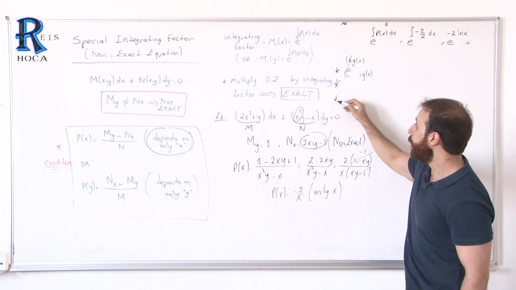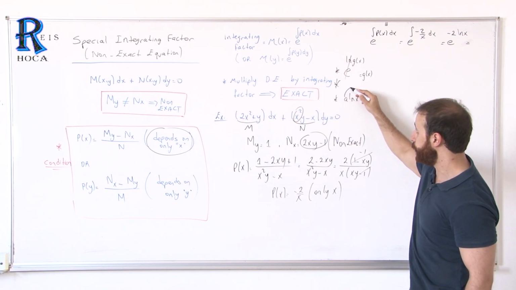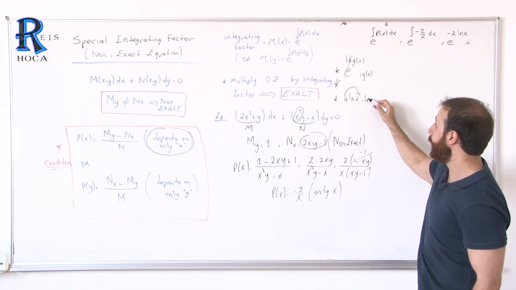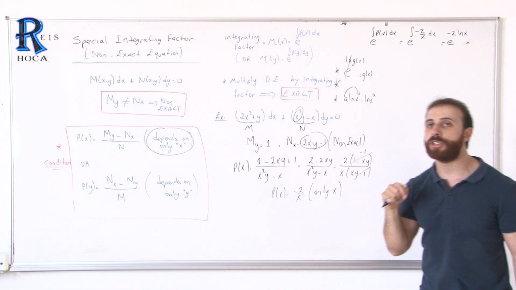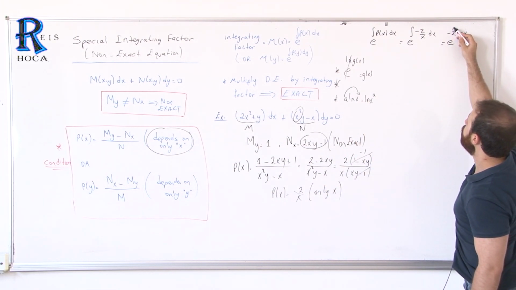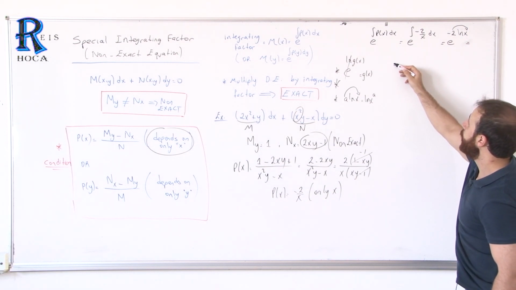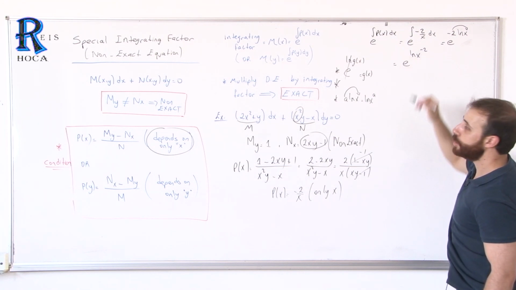The other property that we have: if we have a coefficient in front of the logarithmic function, the coefficient goes inside as a power, so a ln x becomes ln x to the power of a. So first, make the coefficient of the logarithmic function 1 by using this property. Minus 2 will go as a power, so it will be e to the power of ln x to the power of minus 2.